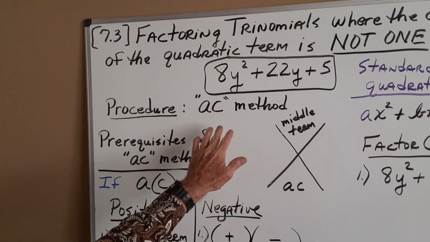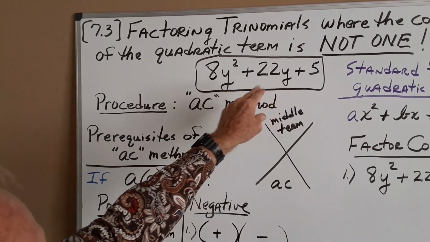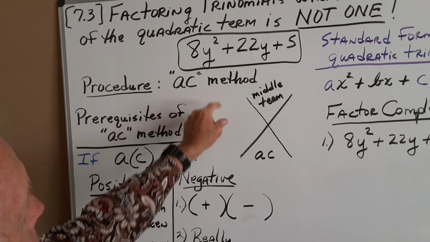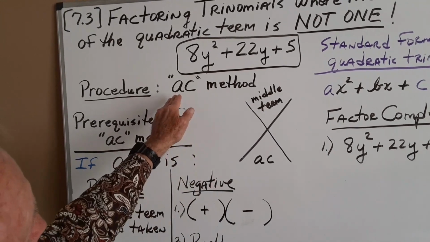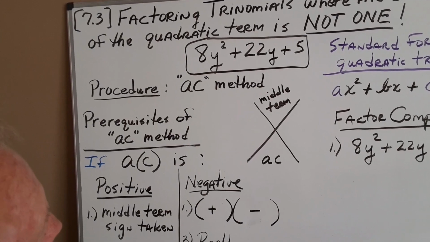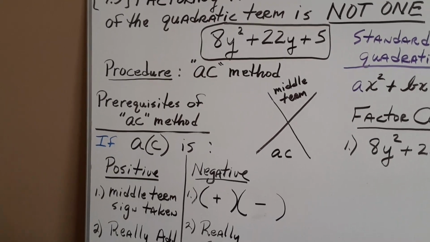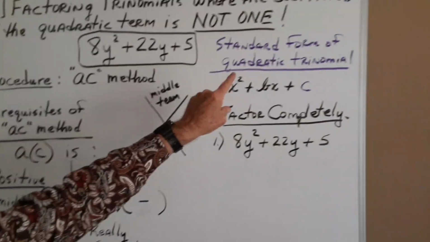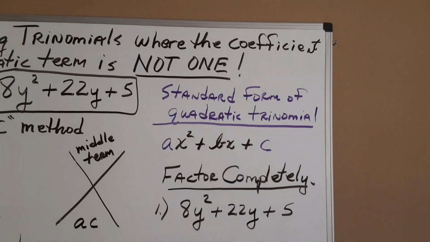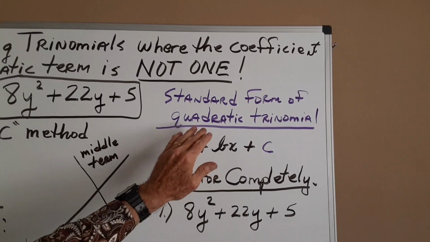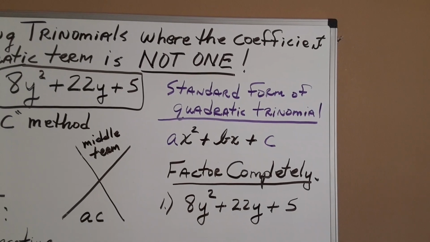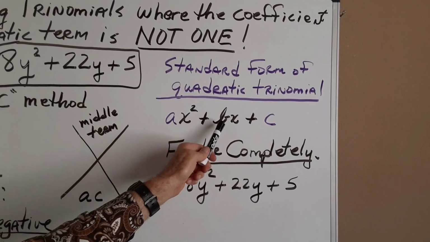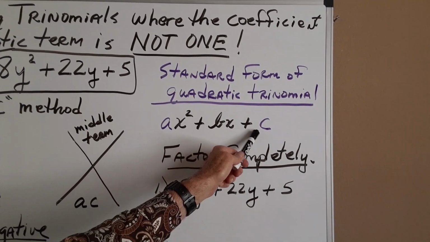The procedure of factoring these kinds of trinomials is called the AC method. AC comes from actually the type of trinomial that we're going to be factoring. It's called a quadratic trinomial. And a quadratic trinomial that is written in standard form is this form: ax squared plus bx plus c.